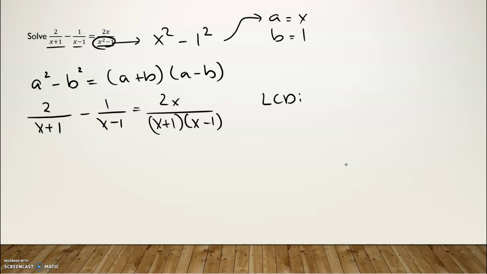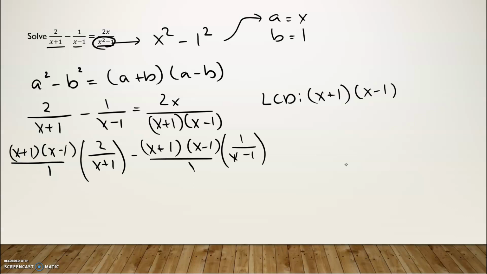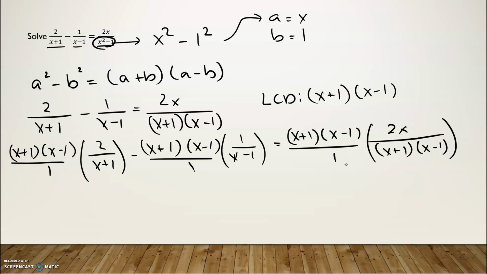Now from here we can see that our LCD is x plus 1 times x minus 1. So x plus 1, x minus 1 over 1 times 2 over x plus 1 minus x plus 1, x minus 1 all over 1 times 1 over x minus 1 is equal to 2x, or actually x plus 1, x minus 1 all over 1 times 2x over x plus 1, x minus 1.